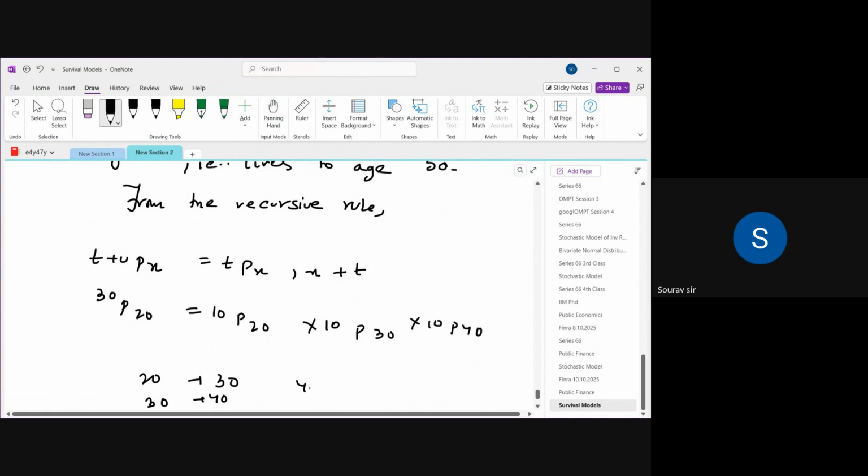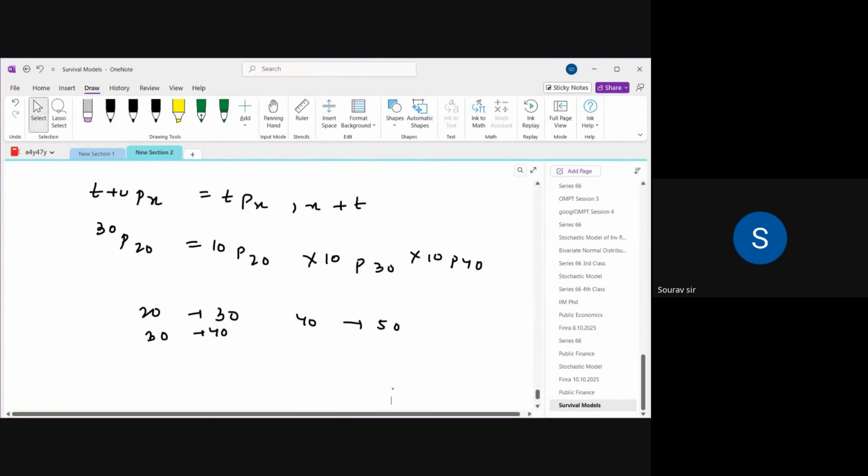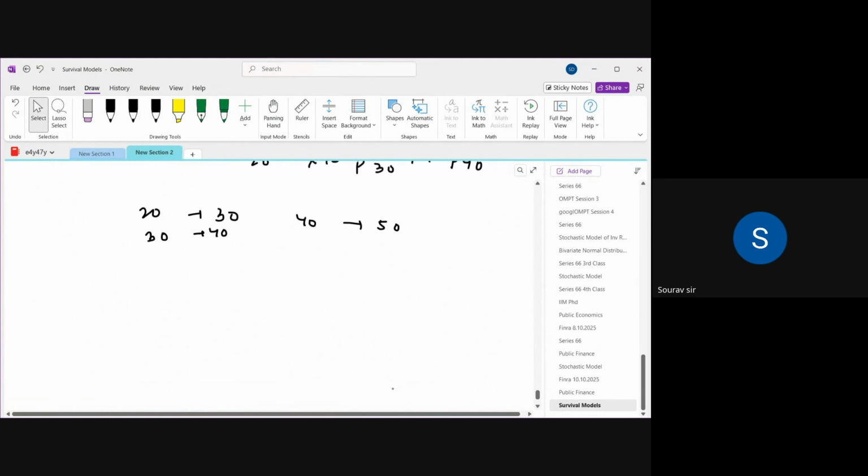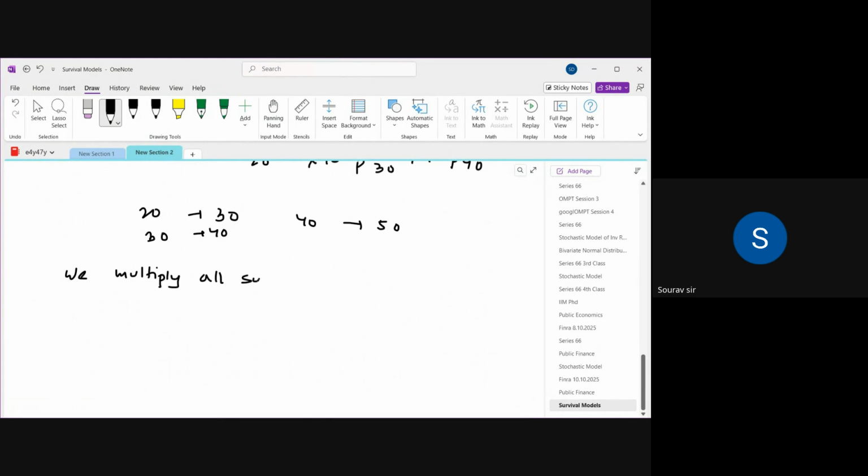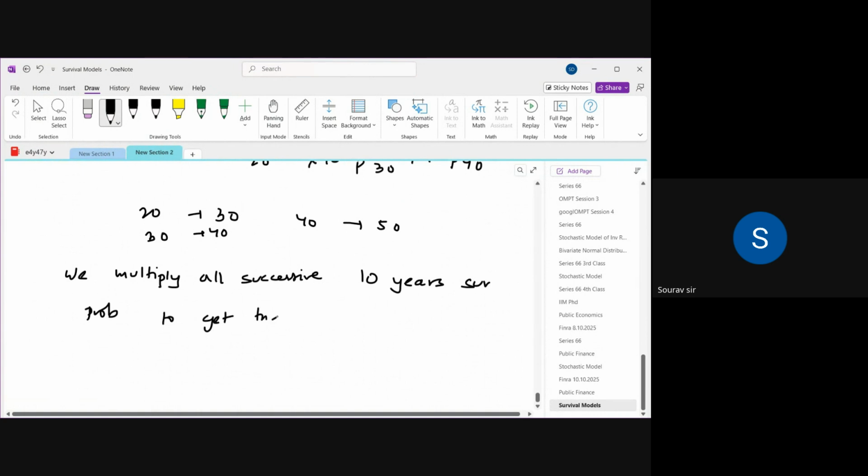And 40 means 40 to 50. What we do, we multiply all successive 10-year survival probabilities to get the 30-year probability. This is one.